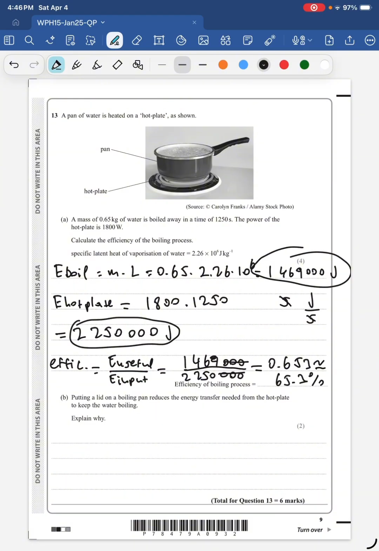Question B, putting a lid on a boiling pan reduces the energy transfer needed from the hot plate to keep the water boiling. Explain why. Okay, so obviously the steam doesn't escape now, or a very small amount escapes.